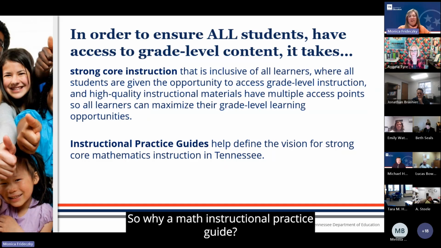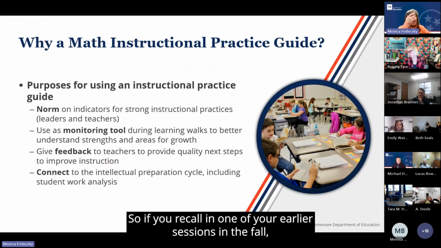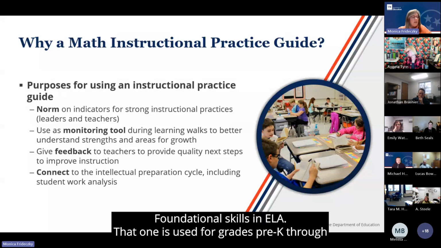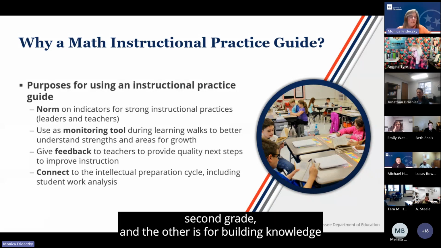So why a math instructional practice guide? If you recall, in one of your earlier sessions in the fall, you were introduced to two IPG tools. One was for foundational skills in ELA. That one is used for grades pre-K through second grade.